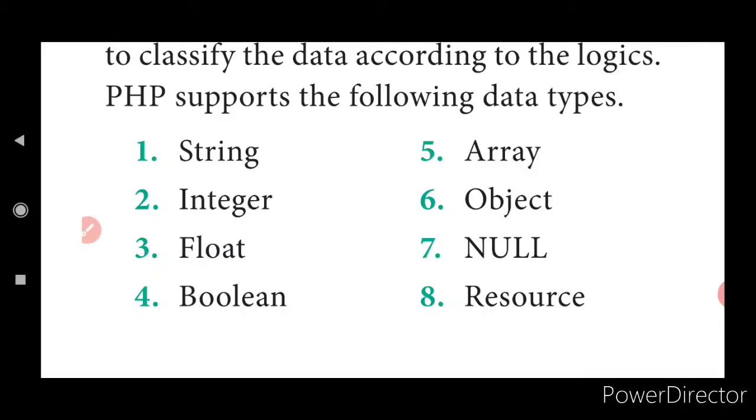String is a collection of characters, integer is numbers, float is decimals, boolean is true or false. Array holds values of the same data type. Object is user defined, an instance of a class. Null is no representation. All this we shall see in the upcoming sessions.